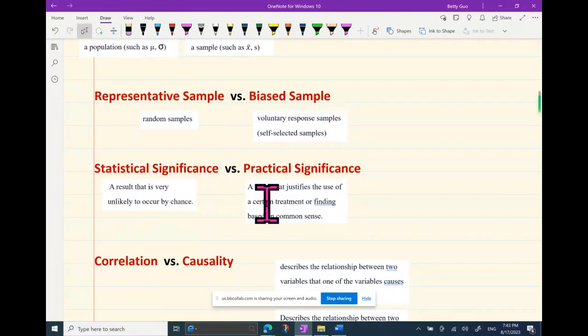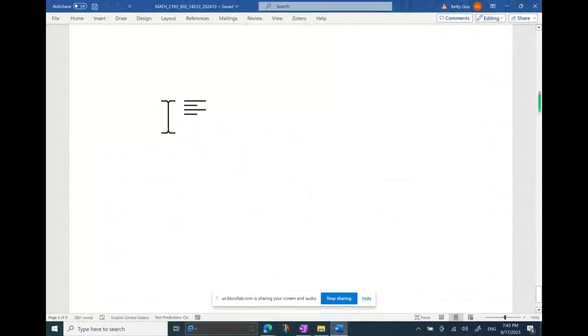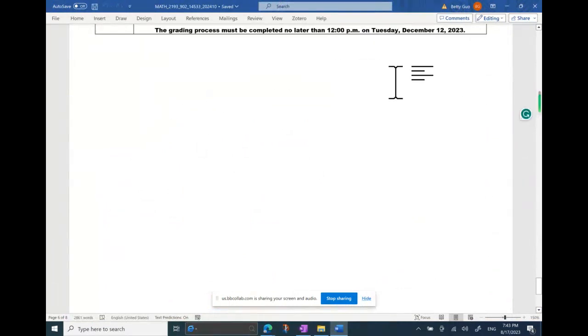I can give you another example. I'm going to type here, okay? Let's say you have a coin, just a coin. What you're going to do is flip the coin 100 times.